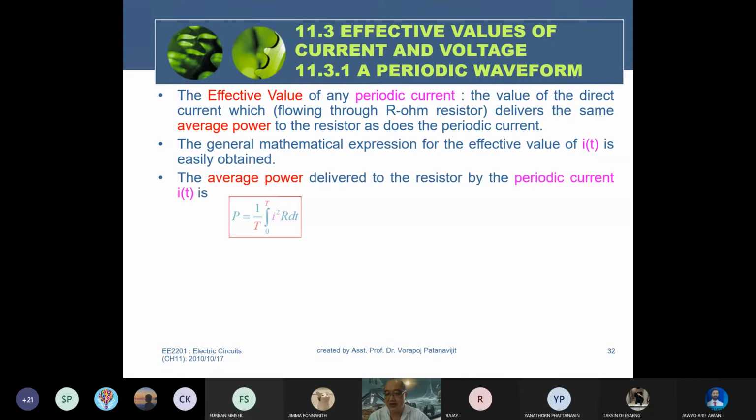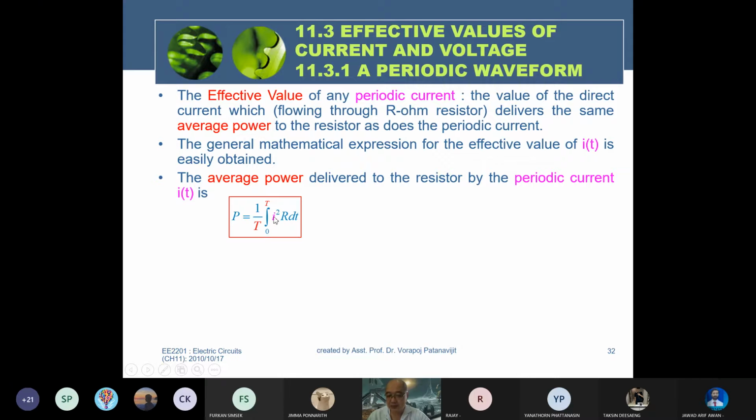The average power delivered to the resistor by a periodic current can be computed by this formula. You integrate the signal in one period. We call that the average, or the mean.